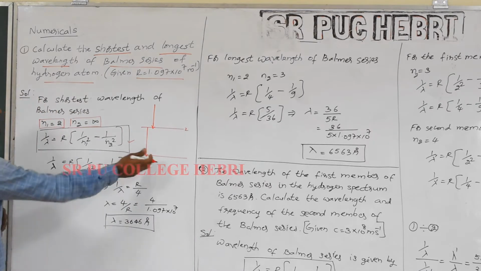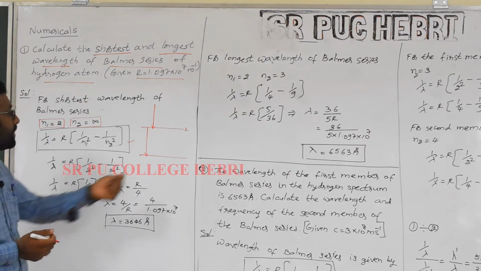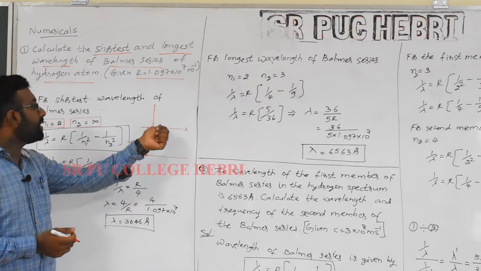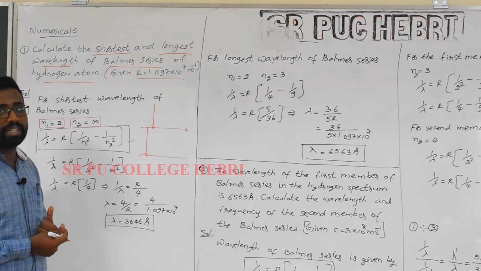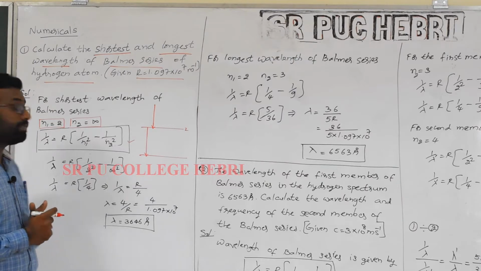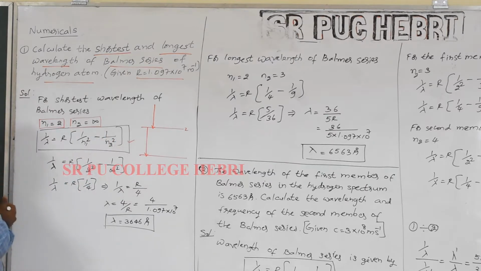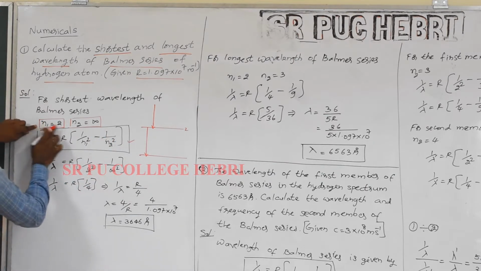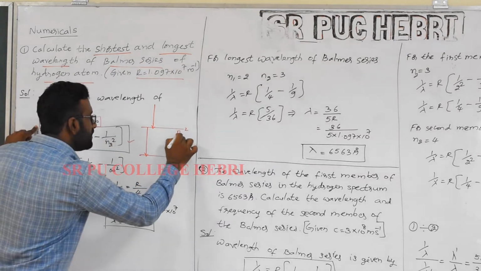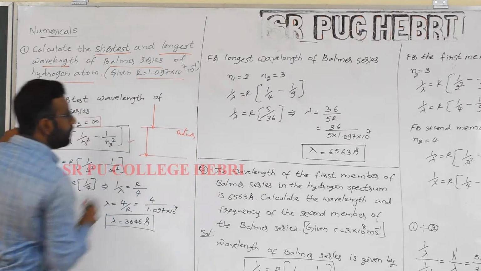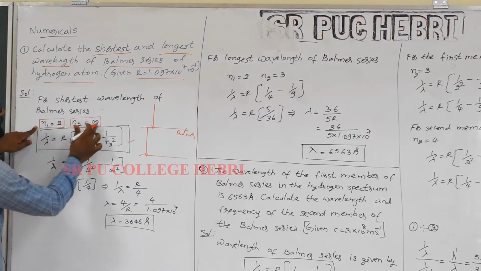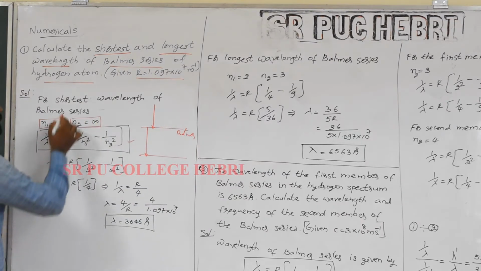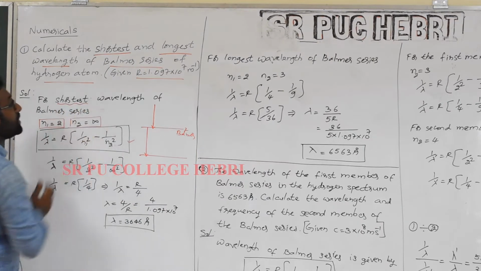The radiation we get in the Lyman series is ultraviolet, and in the Balmer series we get visible radiation. You remember this? So N1 is equal to 2 for Balmer series, and N2 is equal to infinity. Why? Because we are going to find the shortest wavelength.